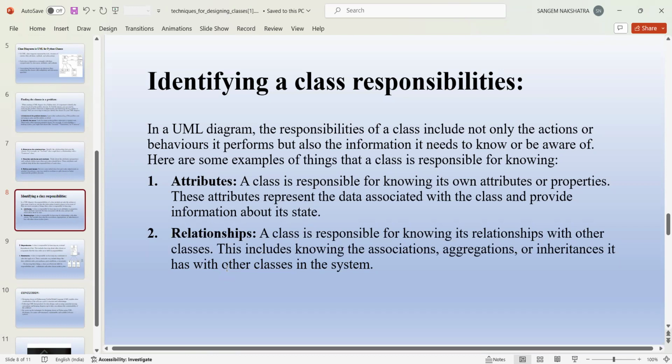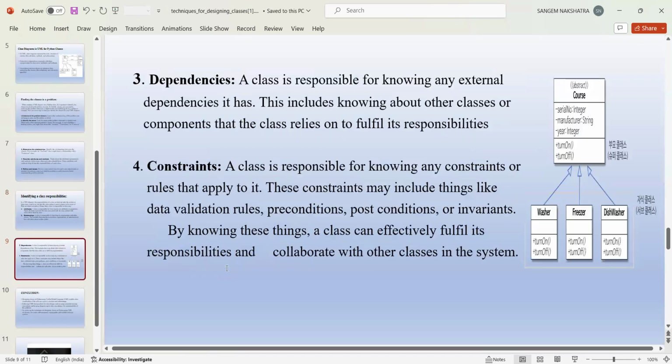Relationships. A class is responsible for knowing its relationships with other classes. This includes knowing the associations, aggregations, or inheritances it has with other classes in the system. Dependencies. It is responsible for knowing any external dependencies it has. These include knowing about other classes or components the class relies on to fulfill its responsibilities.